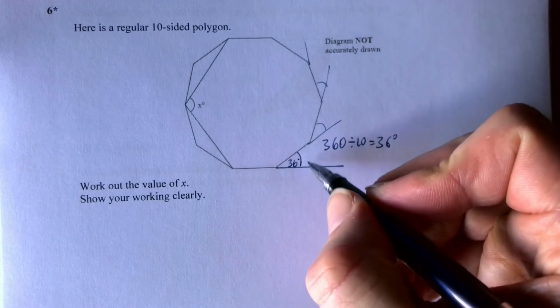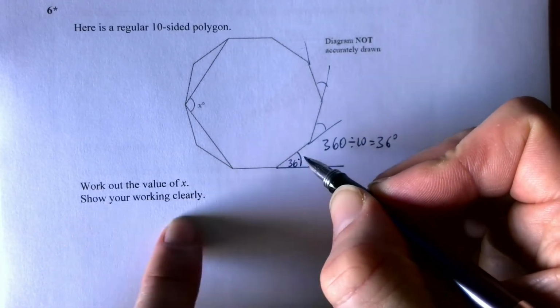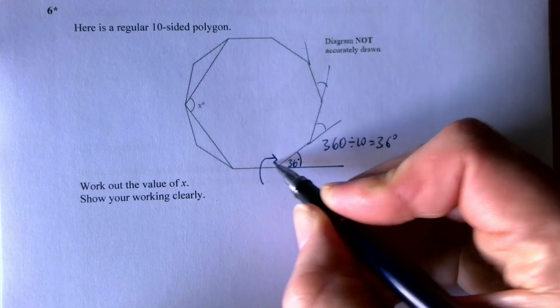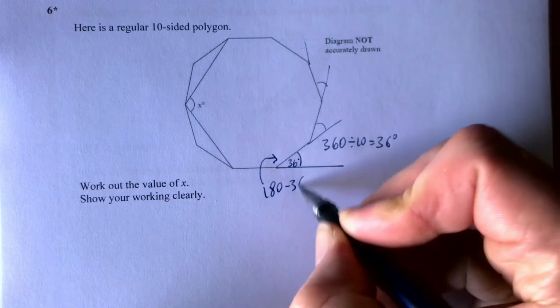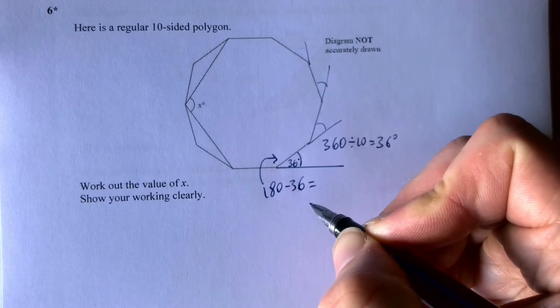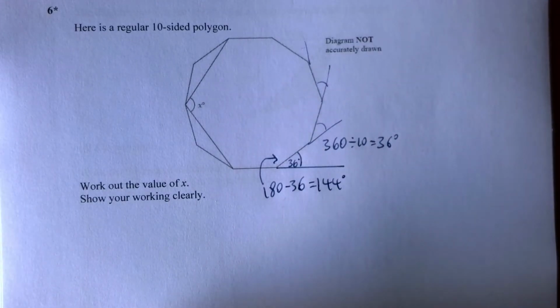Now, angles on a straight line sum to 180. Again, you don't need to write it because it only says show it clearly, but we do need to say for that 180 take 36, which is 144 degrees.